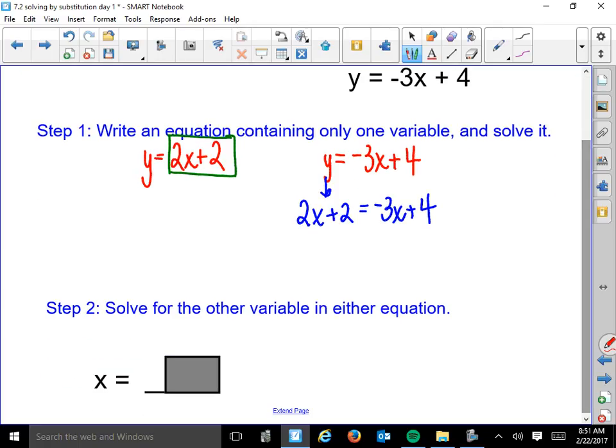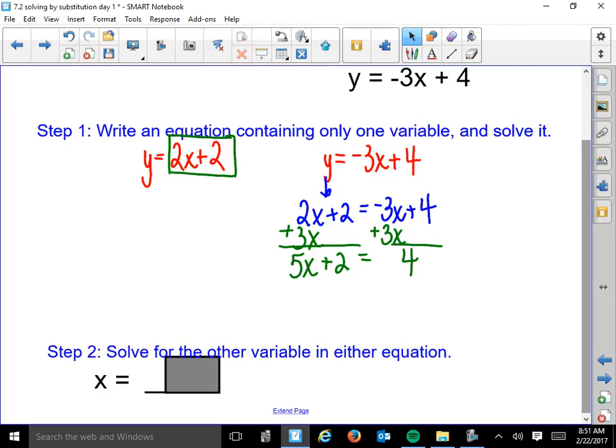And now I notice that I have my equation. It only has one variable, so I'm going to solve for x. So 5x plus 2 equals 4. Now I'm going to subtract 2 from each side.